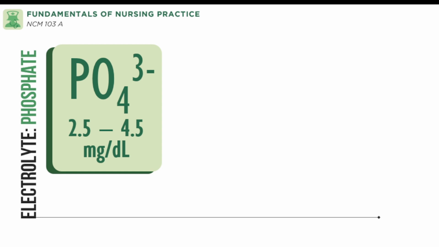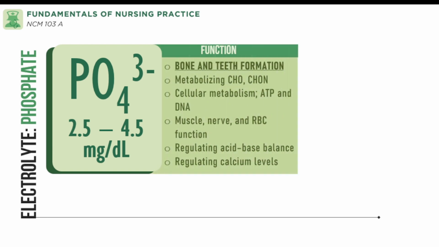The kidneys also play a significant role in phosphate regulation by reabsorbing or excreting phosphate as needed to maintain balance. The essential function of your phosphate is primarily for bone and teeth mineralization or formation, where it helps to provide strength and rigidity to your skeletal structure.